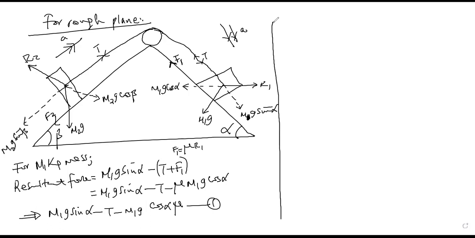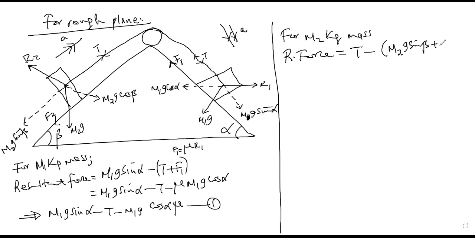Then when I go for the m2 kilogram mass, still the resultant force is equal to, now T is in the direction of motion, with m2g sine beta plus F2 in the opposite direction. So this is T minus m2g sine beta, then minus mu R2, because F is mu R. So if it is F2, then it is mu R2.